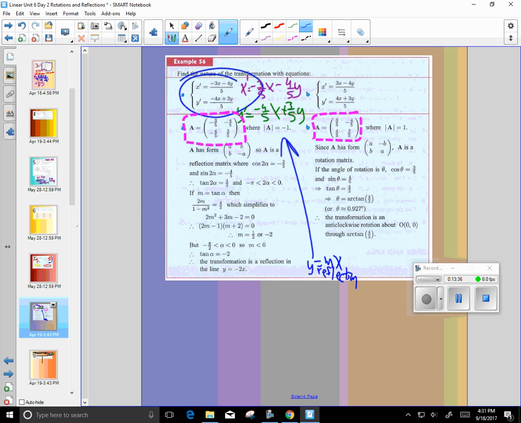And then for this one, if you take the determinant, you get 1. 1 meant that it was a rotation transformation. And they even found the thetas and all that. I'll let you look at those examples, but that's just kind of like what we just did.